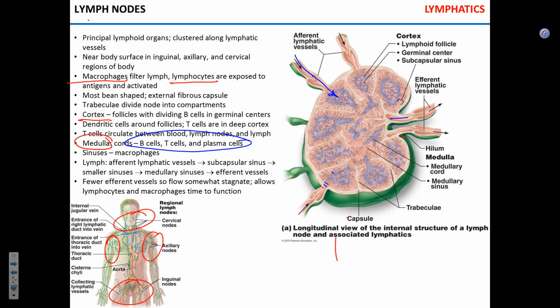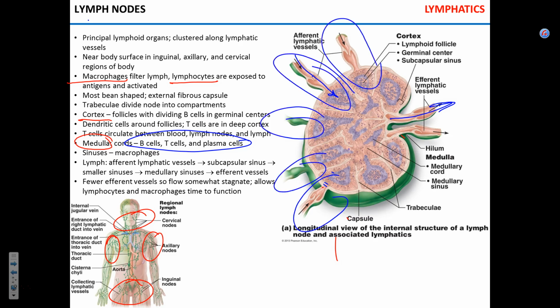And the ones that leave are called efferent, lymphatic vessels coming out. How many afferent lymphatic vessels do you see there? 5. 1, 2, 3, 4, 5. How many efferent lymphatic vessels?